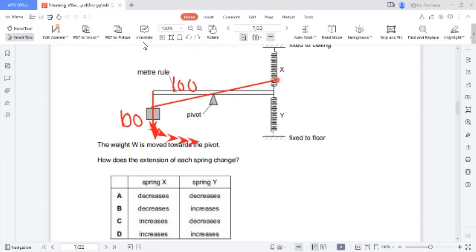Now you can see that when the rod moves in the upward direction, X will be compressed and Y will have extension in it.